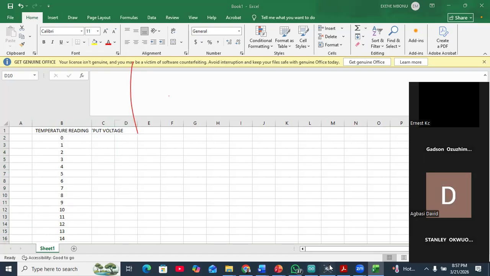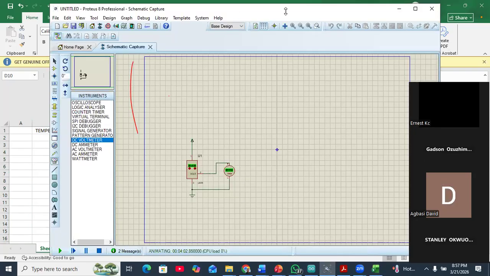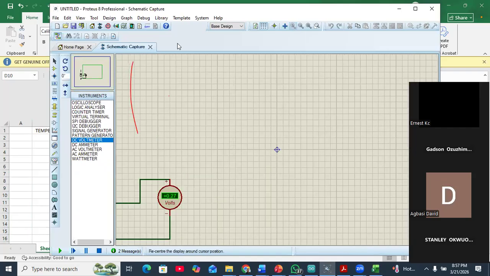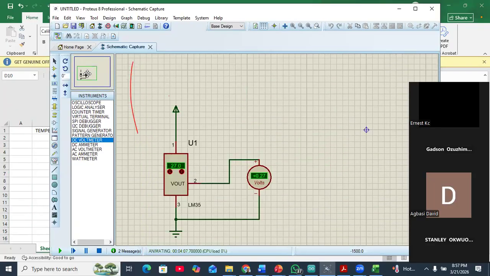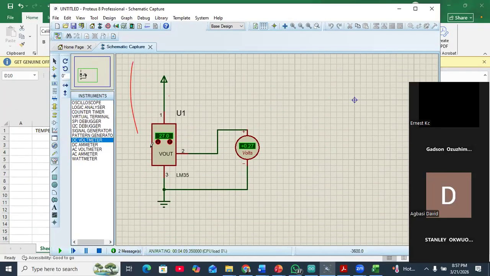We go back to our lab and we come here. So we move to a temperature of 0.